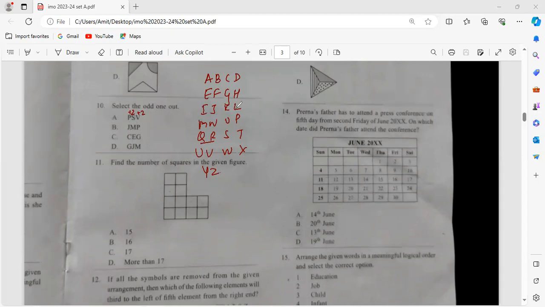So J, K, L, this is +2, and then O, P, +2. Then if you see C, it is plus only 1.